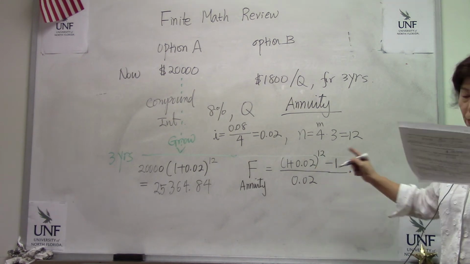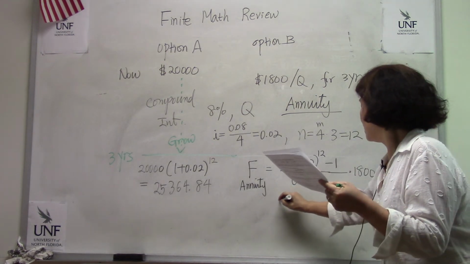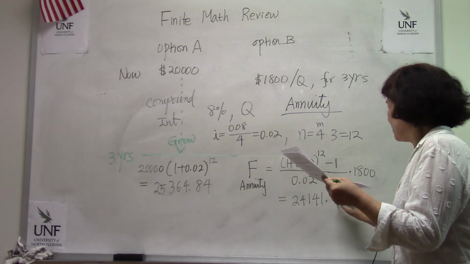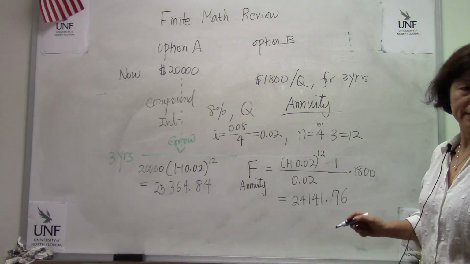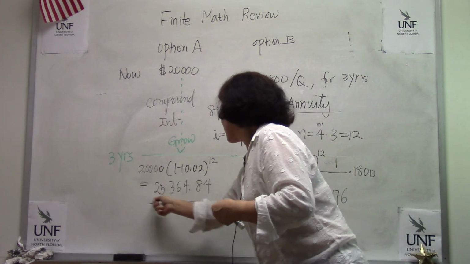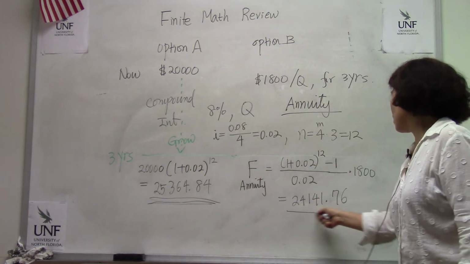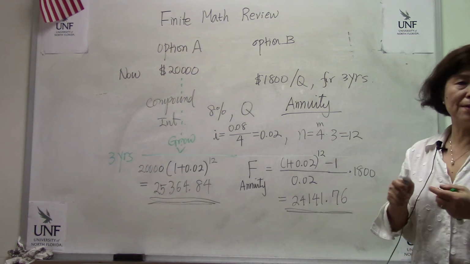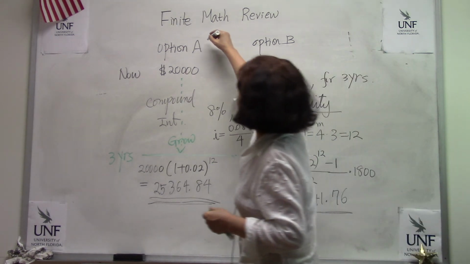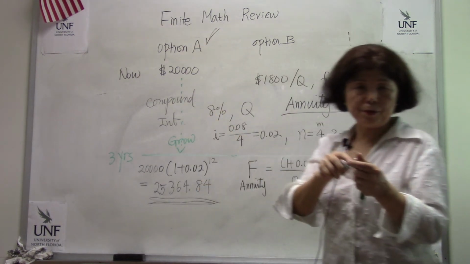You compute that, that is $24,141.76. So guess what? This one is more than 25,000. This one is less than 25,000. So which option is better for you? Yes, option A is better for you.